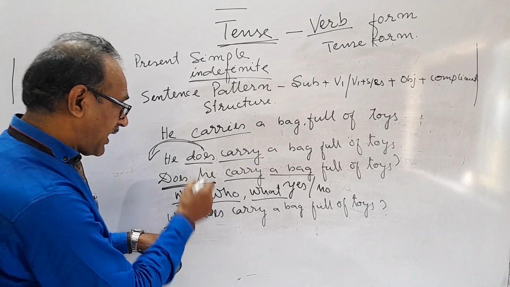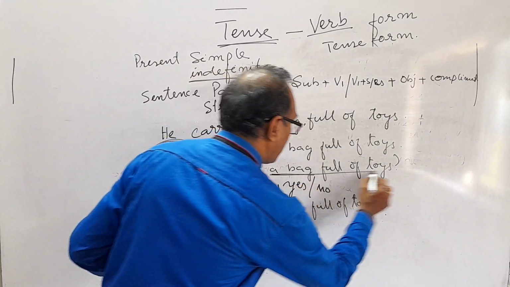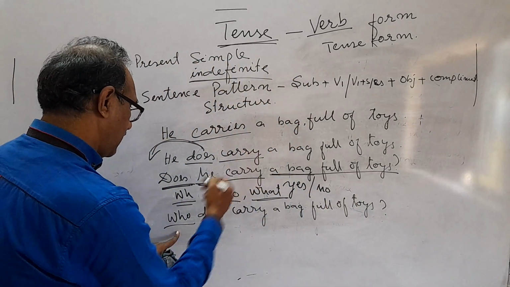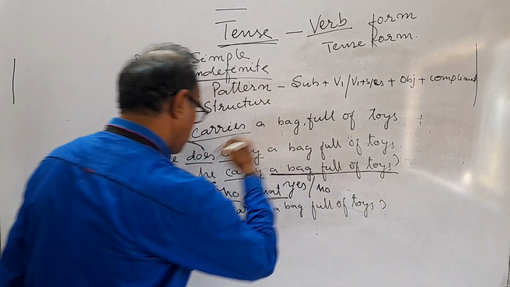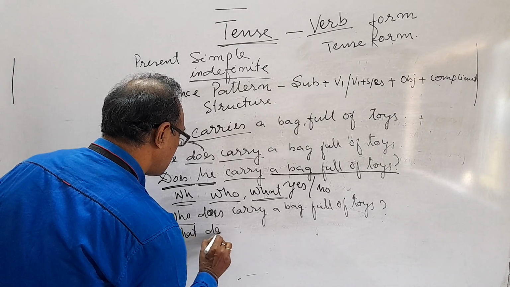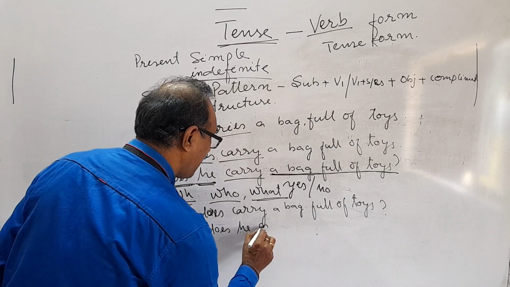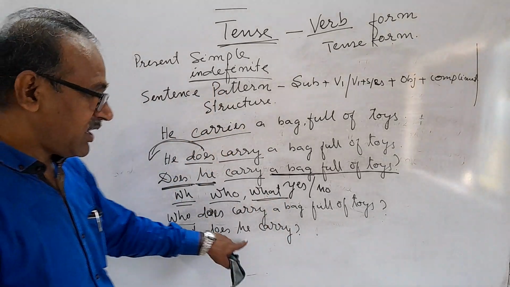Okay, so then for "what," what should you omit? A bag full of toys. So here, in place of "a bag full of toys," we will use "what": what does he carry?